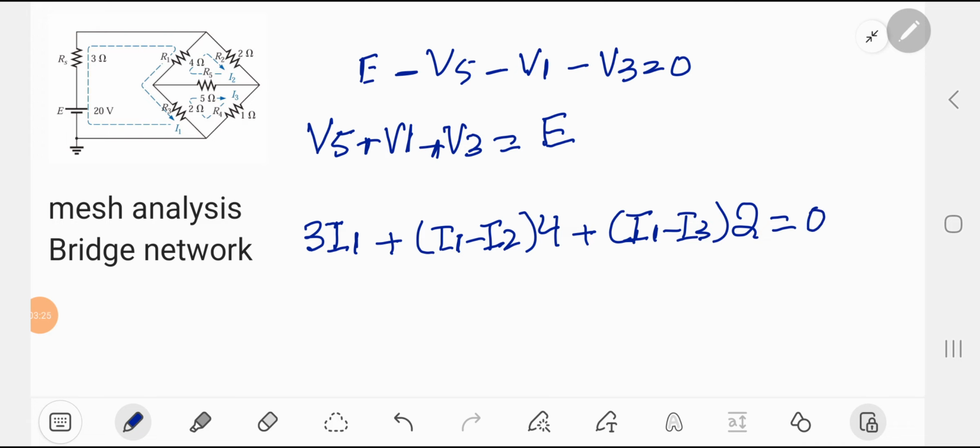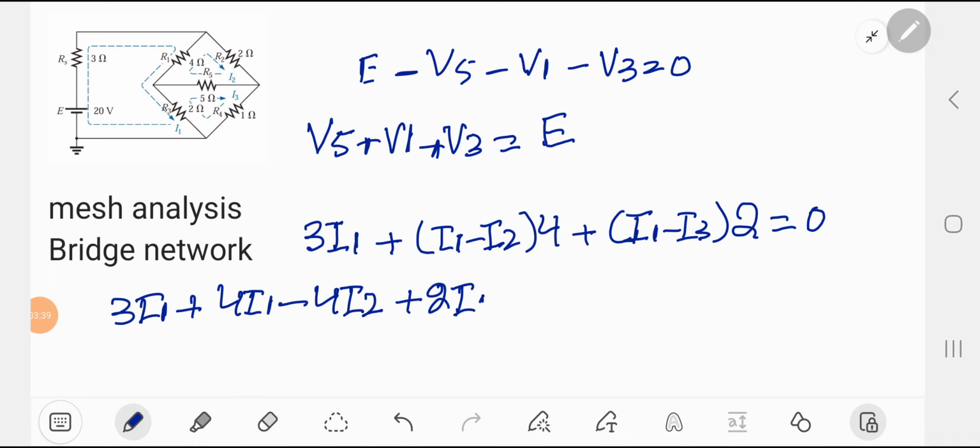Now if we simplify this equation, 3I1 plus 4I1 minus 4I2 plus 2I1 minus 2I3 is equal to the source voltage.